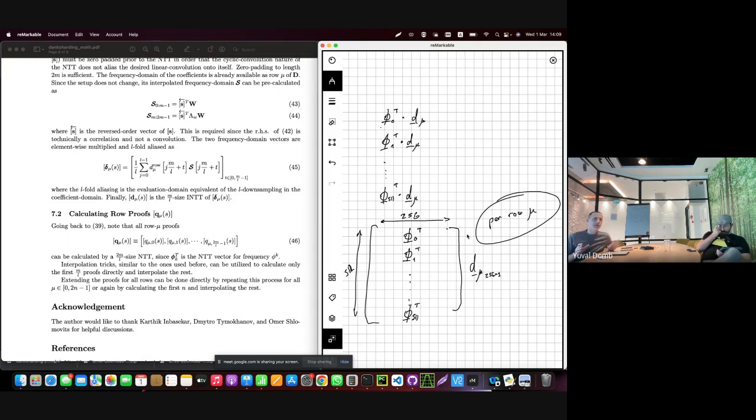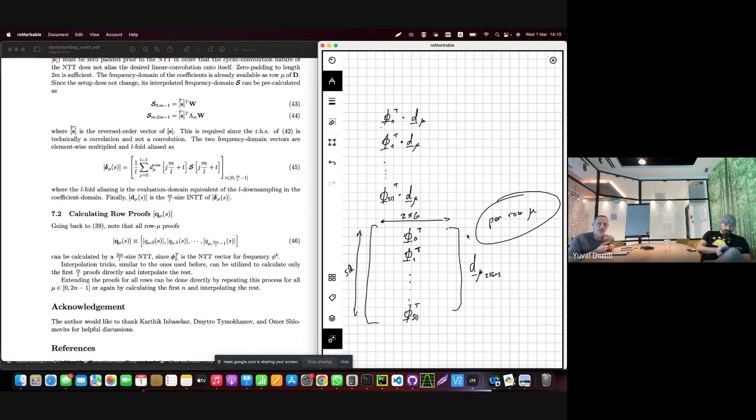Now notice another two optimizations that we can do. One optimization says you're creating these 512 sort of FFT rows of a 256 length vector.